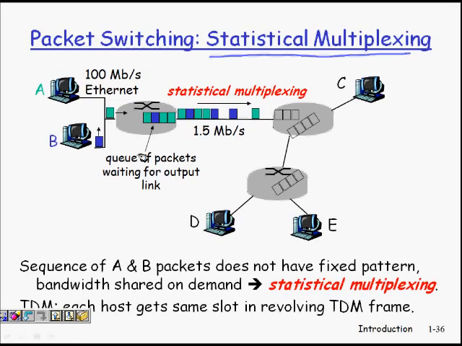A and B packets do not have a fixed pattern, so it will not happen that it allows one packet of A, then one packet of B, then again one packet of A, then one packet of B. There will be no fixed pattern. In whatever way they come into the queue, they will be sent like that. In TDM they would have been getting slots: first second A will send, second B will send, but here there is no such thing. Whoever is sending their packets, they will be queued.